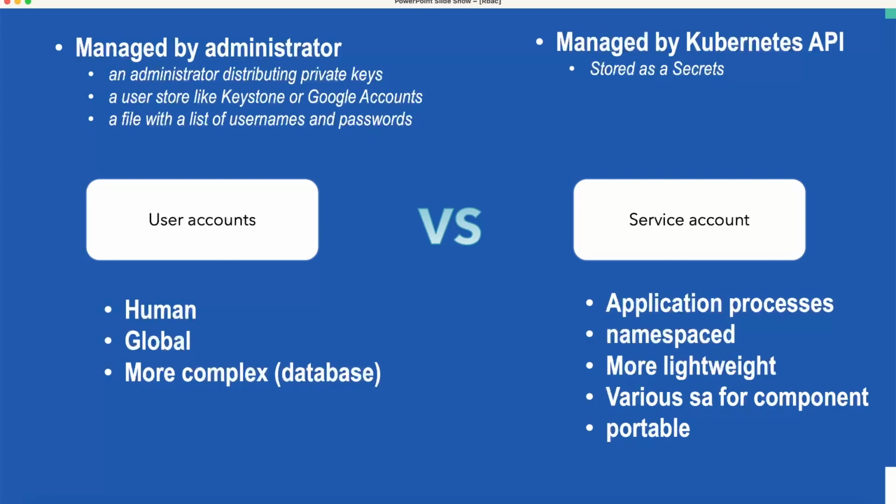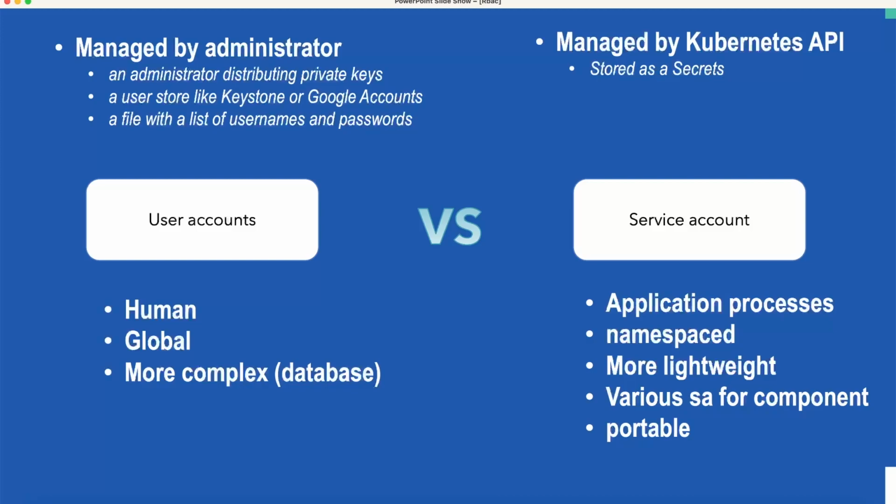But for application processes, you need to create service accounts. If you want to authenticate a pod to do something, you need to use a service account, and it's going to be authenticated by the service account.